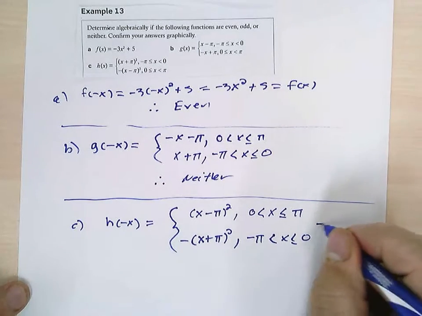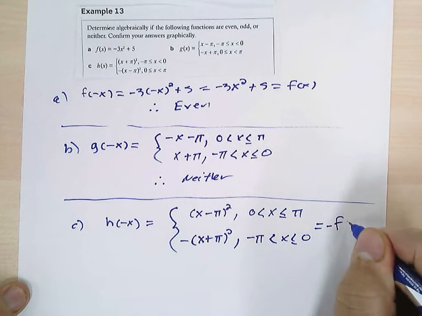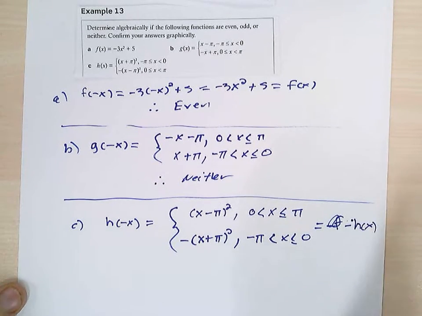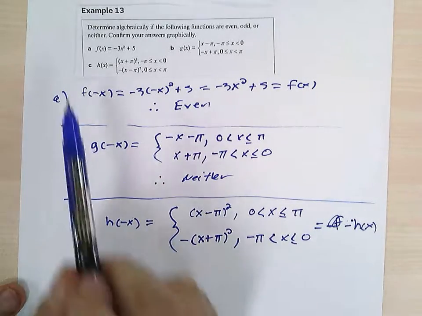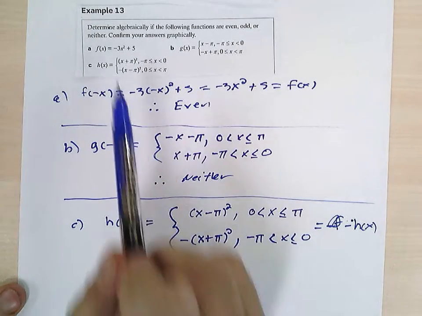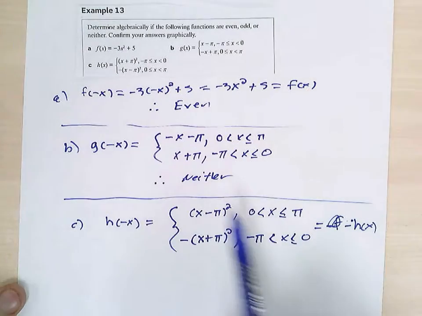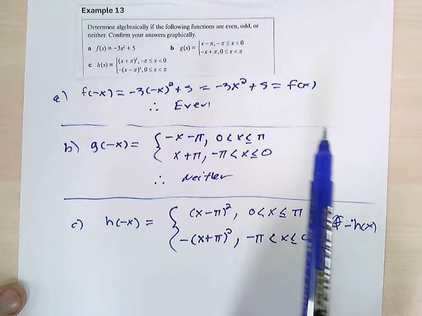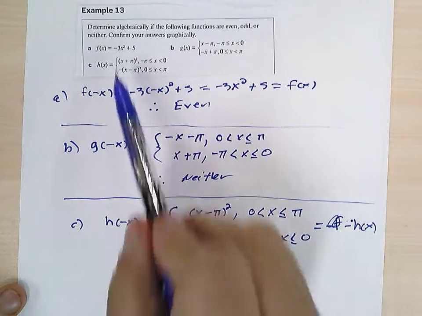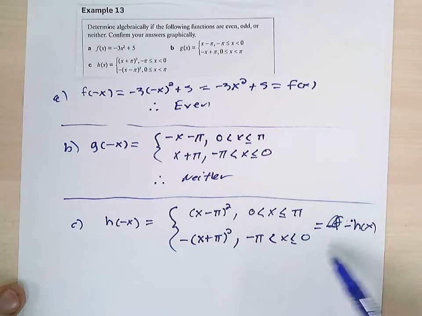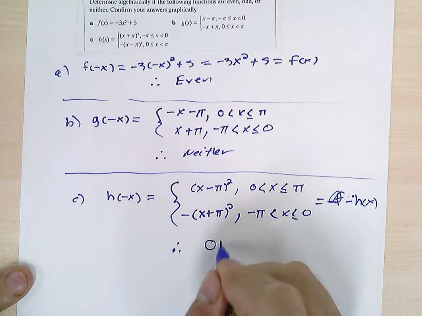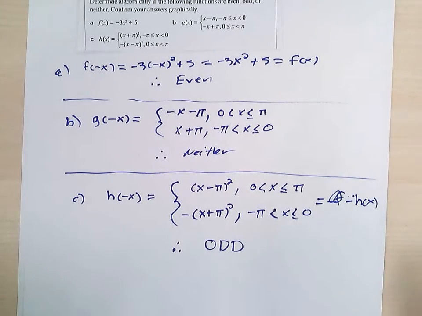And this is equal to a negative h of x, right? You can see that's the negative of that one. If I plug the negative in here, I get x minus pi from 0 to pi, and if I plug the negative into the bottom one, I get a negative x plus pi squared from negative pi to 0. Sounds good? So therefore, this one is odd. Sound good?